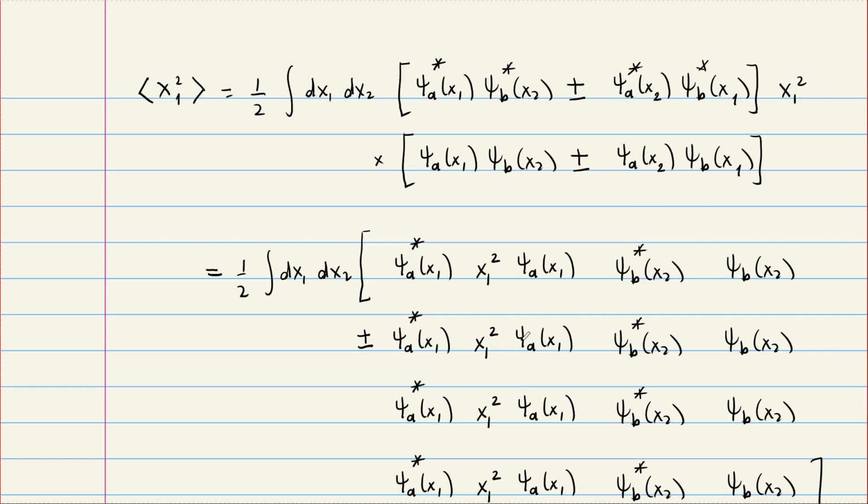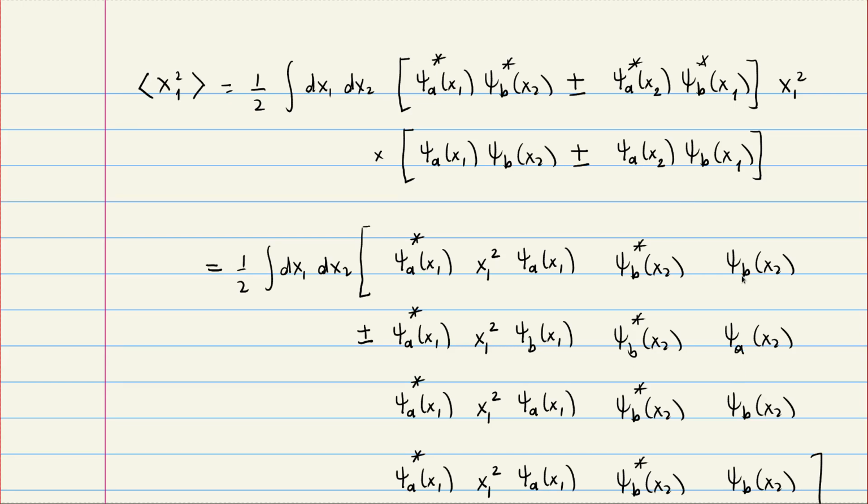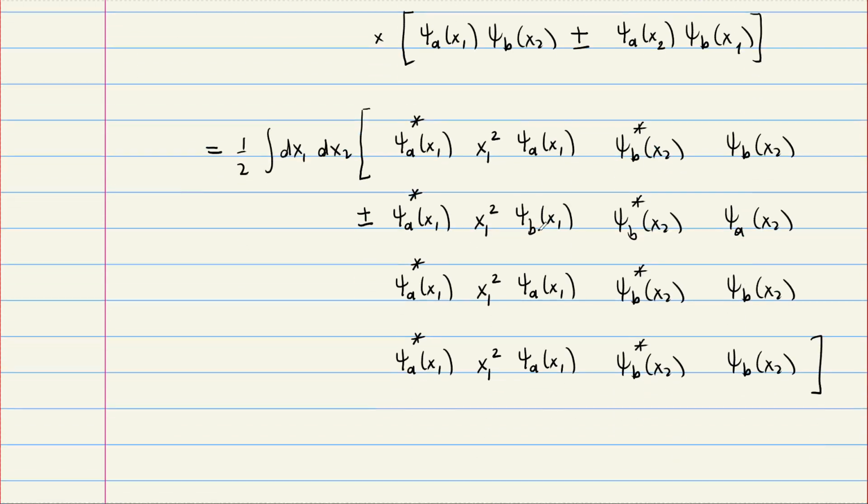So this will be b. And this is going to be b, I think this is still b x2, then nothing, and a x2. So this is a. So the indices go like a, b, b, a, x1 squared.